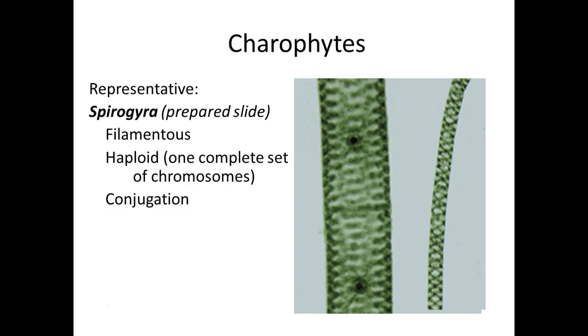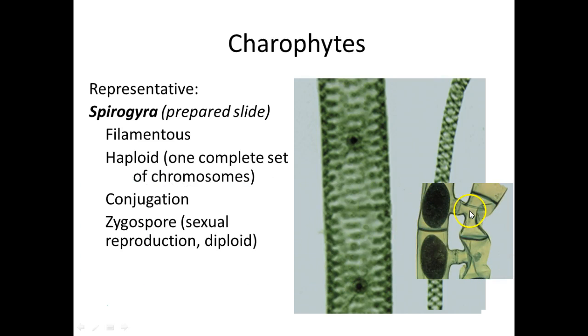We got in some new slides that show conjugation, where the two of them come together, and the genetic information is going to come across, and it's going to form a spore. And then out of that spore will bust out more filaments. But they're going to be different from the original, right? Because they actually exchanged genetic information and formed a whole new organism.